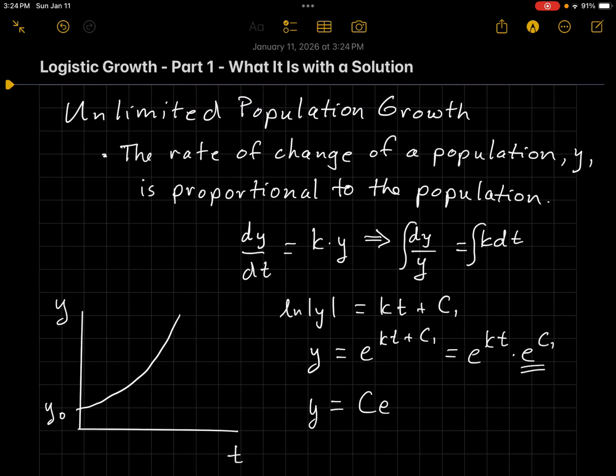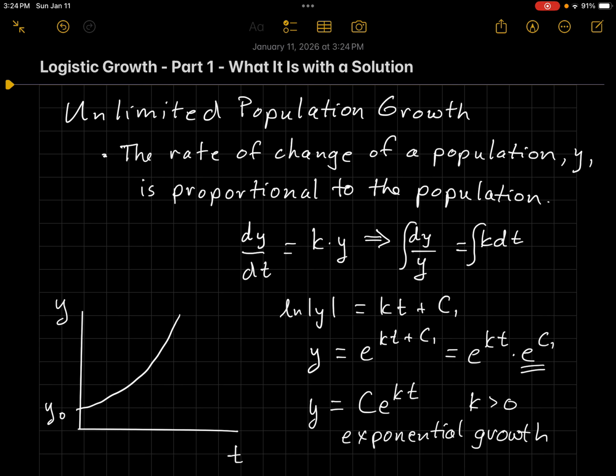So the solution would be c e to the kt. And if k is positive, we have exponential growth. The graph is shown on the left.